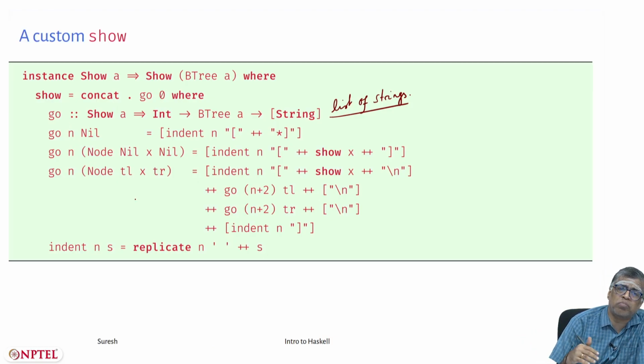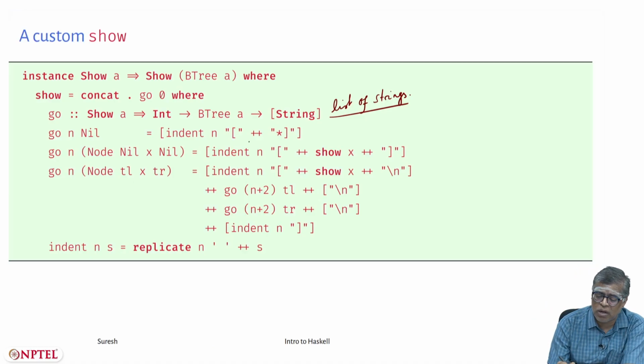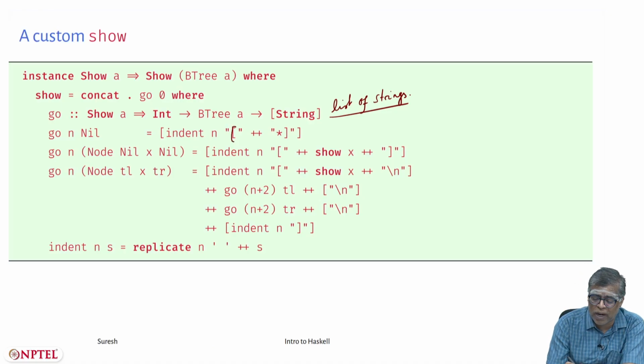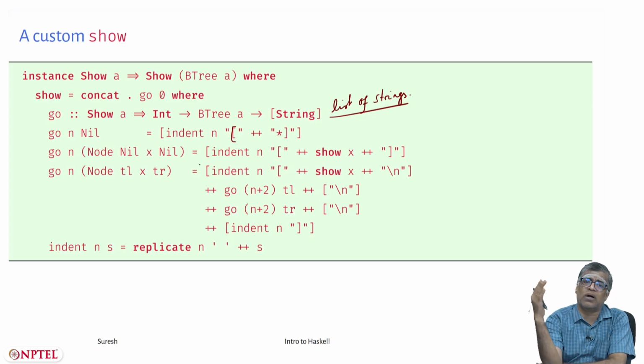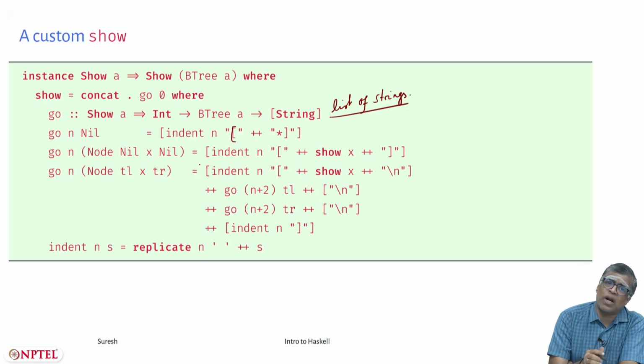Go n nil: instead of the nil tree, I will put a star here. So I will indent n levels and print a left bracket, star and right bracket. Go n (node nil x nil): I will indent n levels and I will just show x, because x doesn't have any subtrees. But the general case is go n (node tl x tr).